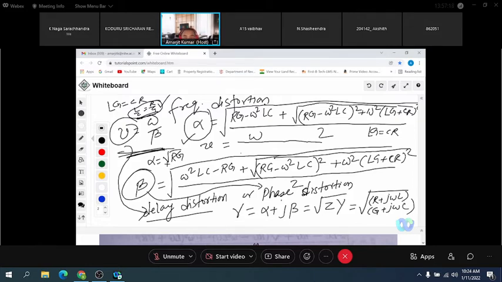And what about beta? What is beta and what is velocity? Beta will be equal to omega root Lc. Alpha is equal to root Rg. And what will be velocity? 1 by root LC, 1 by root L into C. So see here, velocity is not a function of frequency.